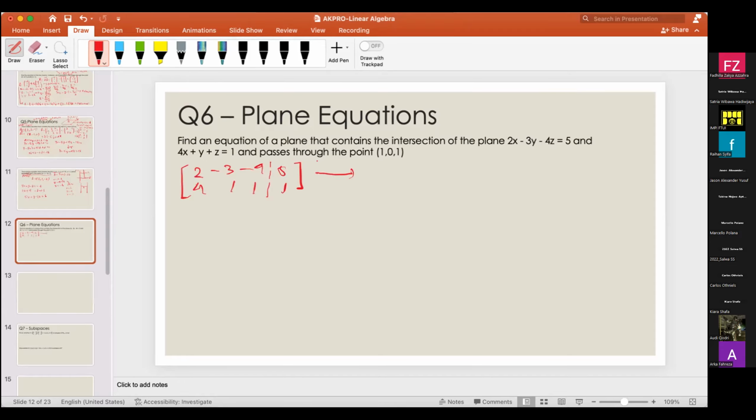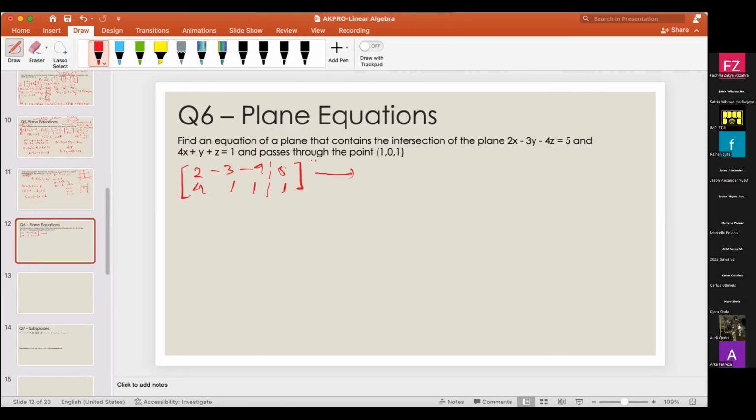And next, we need to convert this into reduced row echelon form. And we can do this by knocking out this 4 by subtracting it with 2 times the first row.